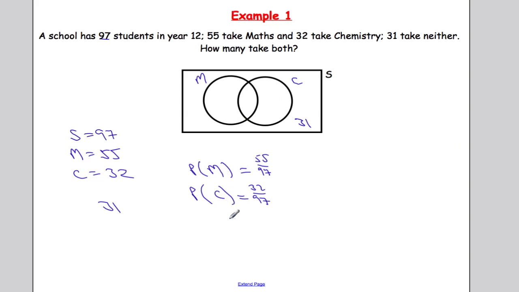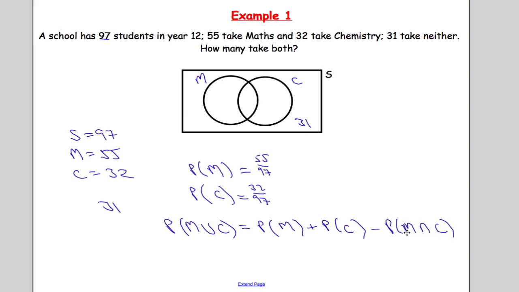Now, what happens if I add these two together? Remember, the probability of M union C equals the probability of M plus the probability of C minus the probability of M intersection C, because this bit gets counted twice.